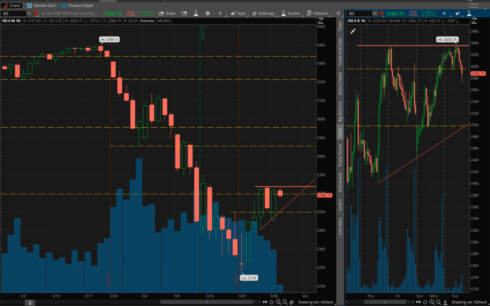On the hourlies, you can see a very nice resistance here at 2,635.75, and we have the support area down here in the 2,500 area. So what I'm looking to set up here once the market opens is a short trade on the futures.